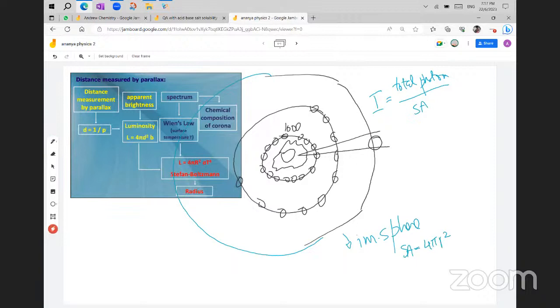So the intensity, remember intensity means brightness, the brightness we experience, the apparent brightness, depends on, obviously, the total number of photons that the sun emits, in this case, or your lamp emits, spread over a sphere. The sphere can be as big or as small as you want, depending on how far you are. That's the effect of this thing.